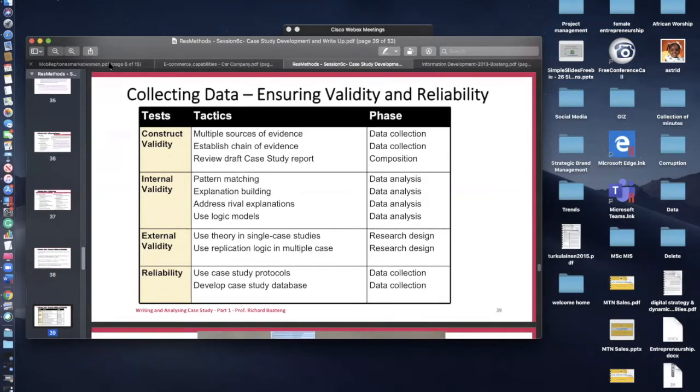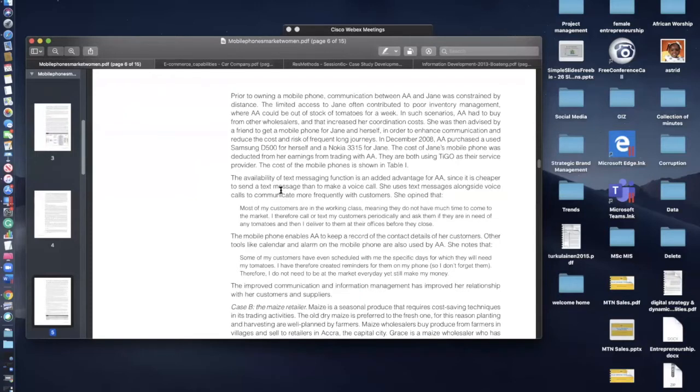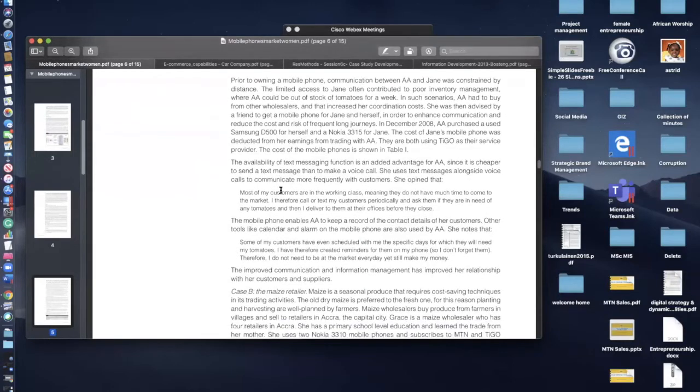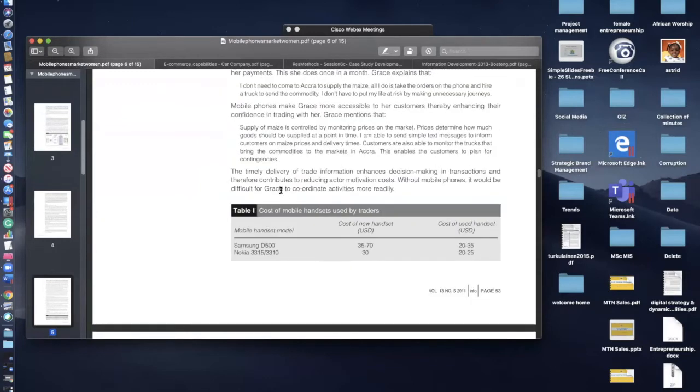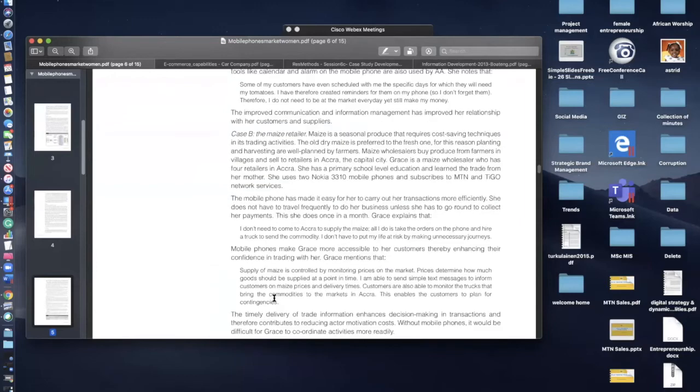Okay, so going back to the mobile case, let me see if I can find rival explanations. Okay, I don't think for this case study we have that much in it.